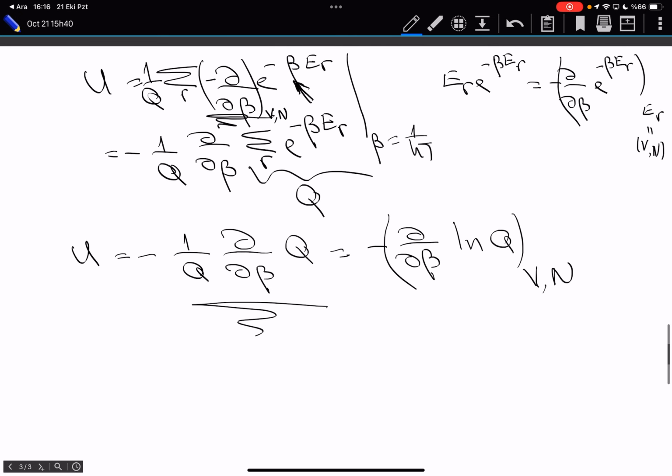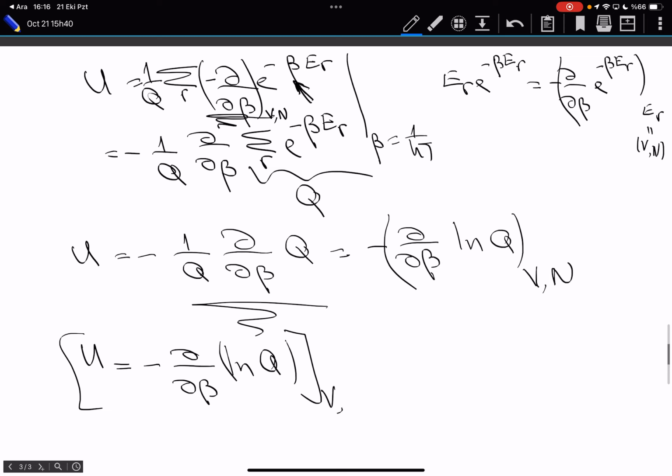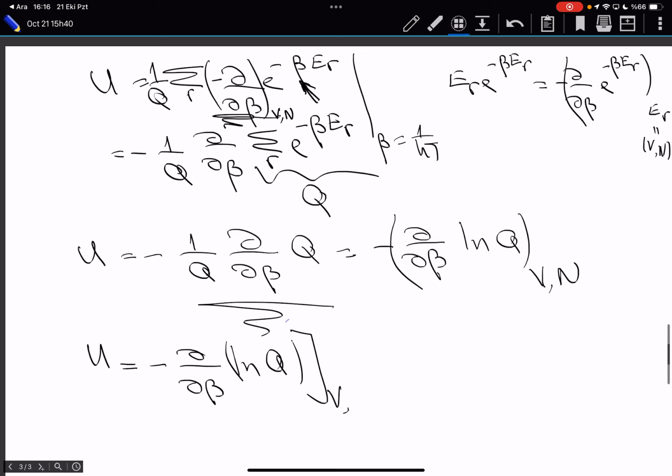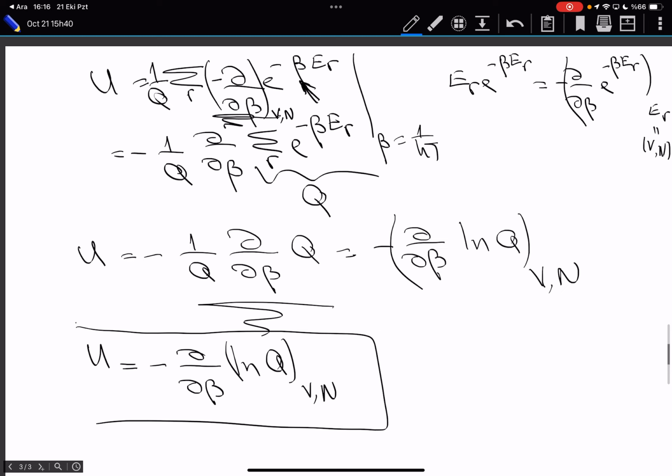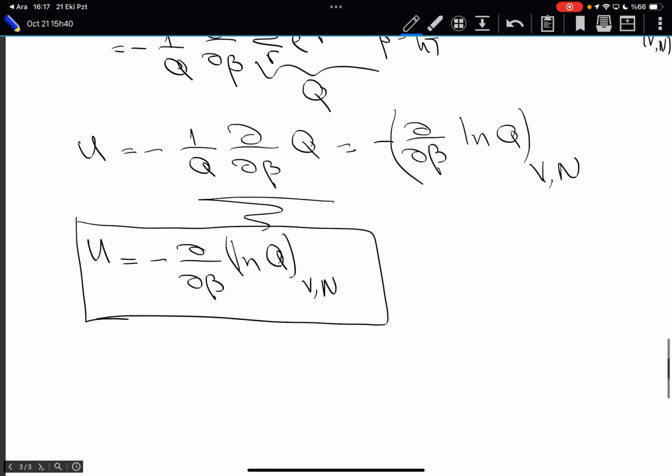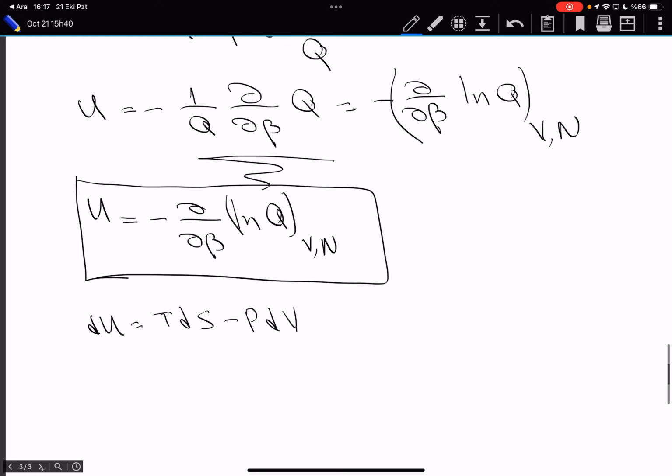You see, the energy is equal to minus the derivative with respect to beta of the logarithm of Q. No. This derivative is at constant V and N. Of course, you are probably mentioning that we had dU from thermodynamics, TdS minus PdV. Well, this doesn't help me right away.